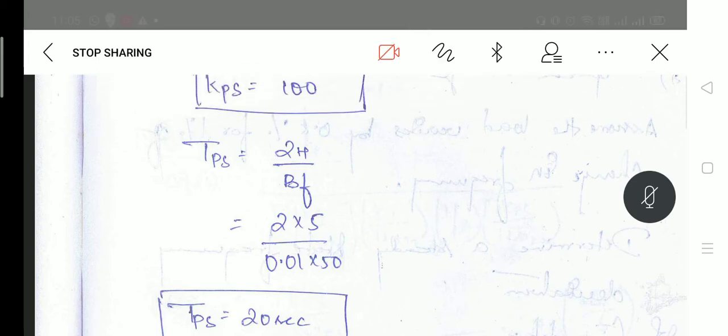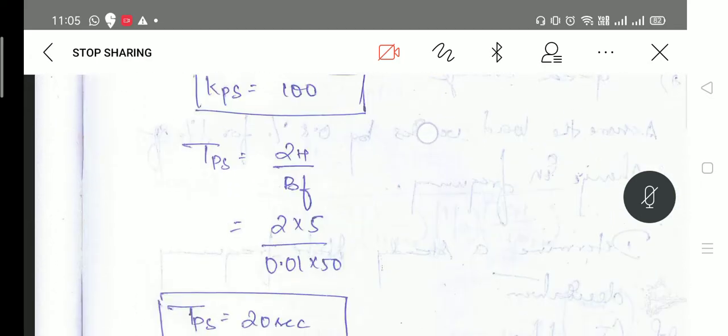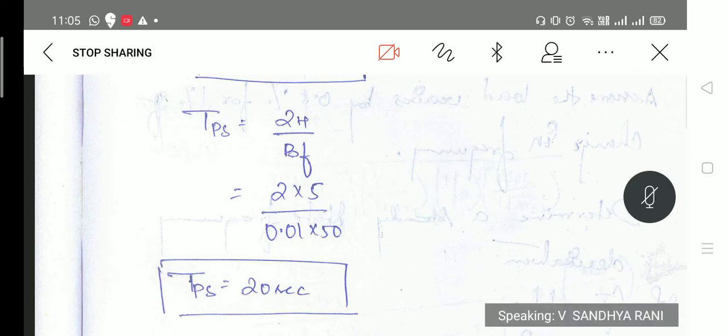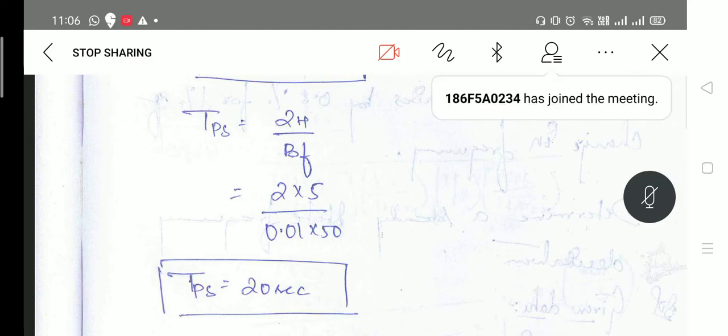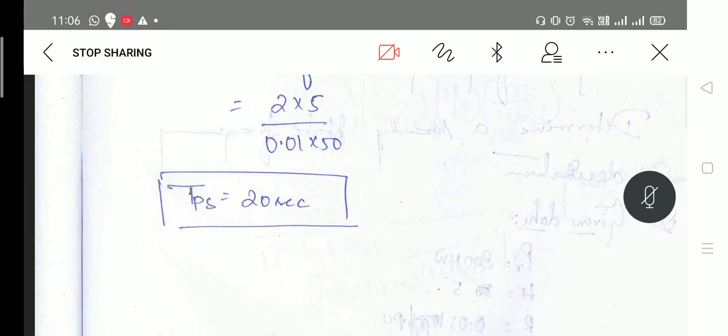So here B in per unit is 0.01, so 0.01 into 50. 2 into H value, in the data he is given H value is 5. So 2 into 5 by 0.01 into 50. That is, TPS is equal to 20 seconds. Okay, this is the final time, the prime mover time.